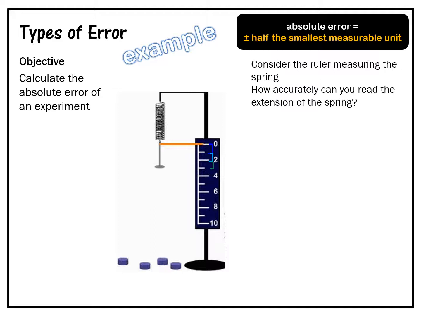And if we consider that the absolute error is half of the smallest measurable unit, then the absolute error must be half of 1 centimeter, which is 0.5 centimeters, or 5 mm, depending on what way you think of your measurements.